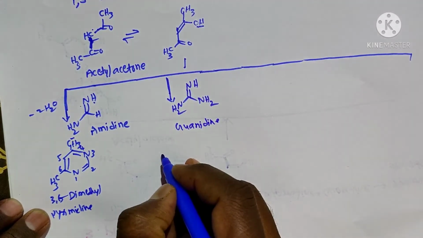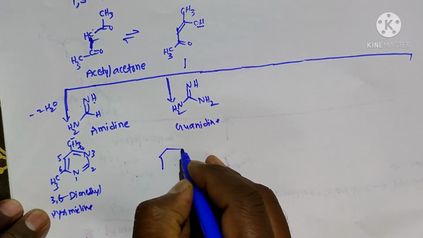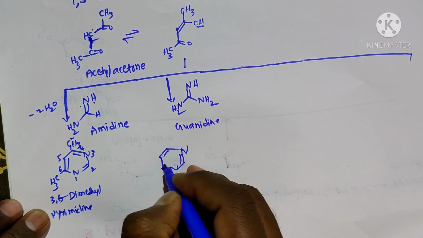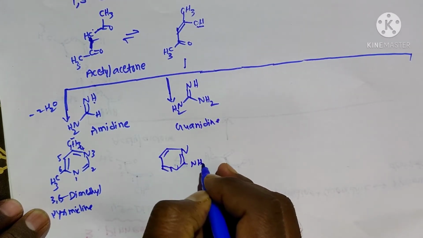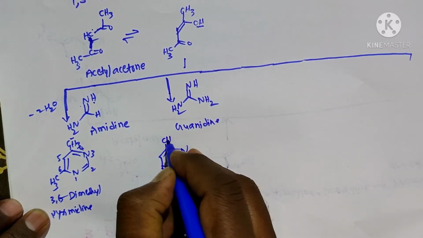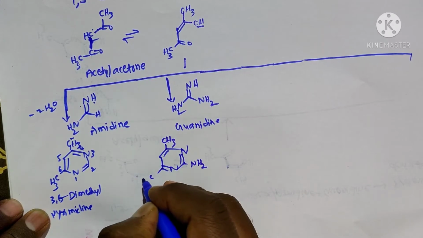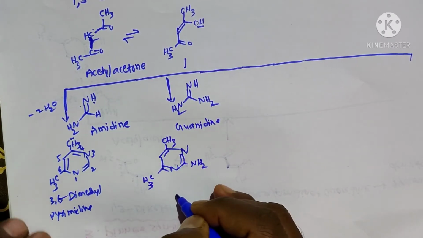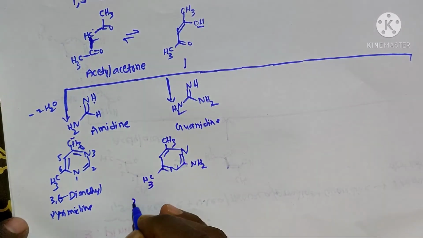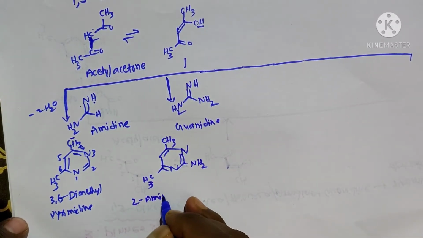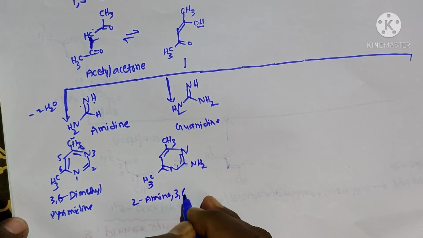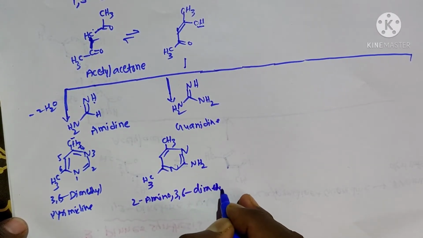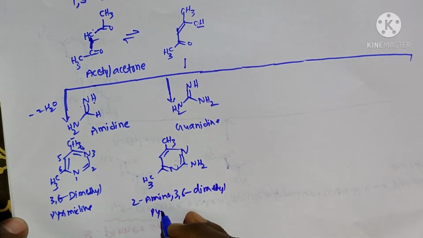So here we get this product, and here we get NH2. So 2 amino 4,6 dimethyl pyrimidine.